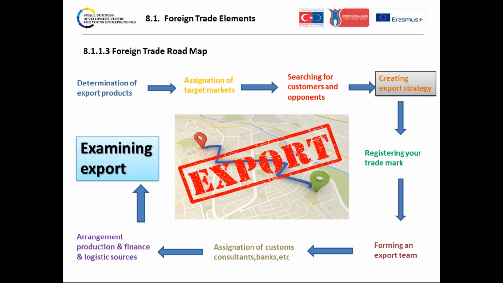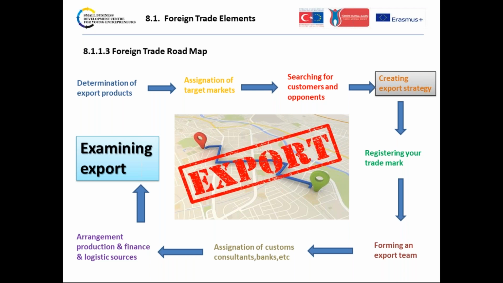If you want to export tea to China, it is really hard because the Chinese have their own tea, and you need to determine exactly what product you can export to China. Or your customers are asking for coffee, but you do not produce coffee. So that means you cannot export coffee. This is what we want to emphasize. So first, you need to decide which product you are going to export.